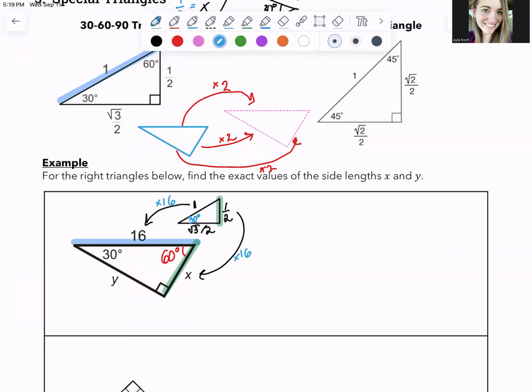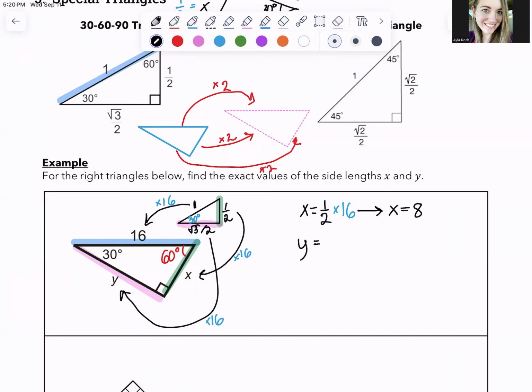So x is equal to 1/2 times 16, so x is equal to 8. And then y, the side opposite the 60-degree angle, is going to be square root of 3 over 2 scaled upward by a factor of 16.